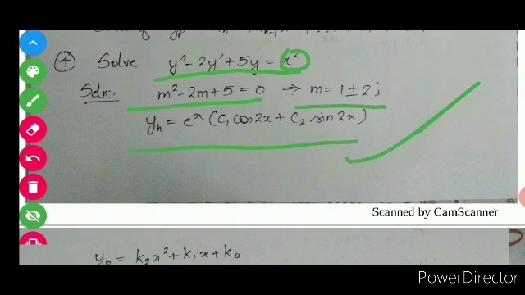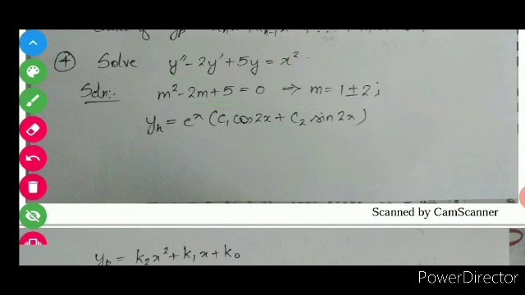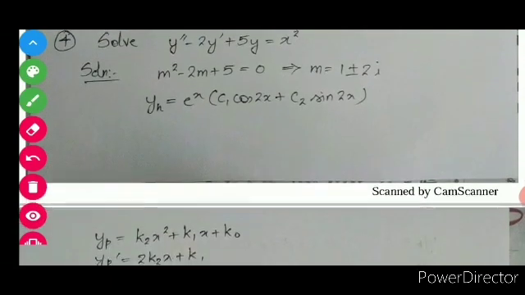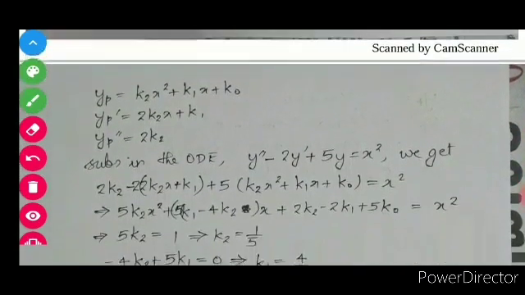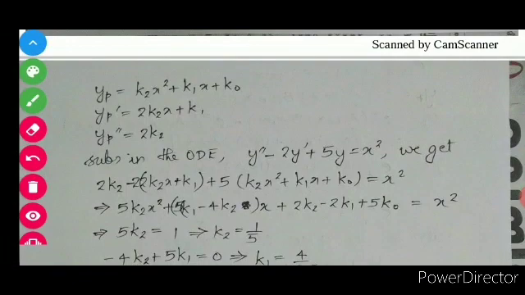Now we have to move on to our part, that is we have to find yp. Now how to find yp? Your right hand side here is x square. So your choice of yp should be a general polynomial of degree 2. A general polynomial of degree 2 will be something like this: k2x square plus k1x plus k0.